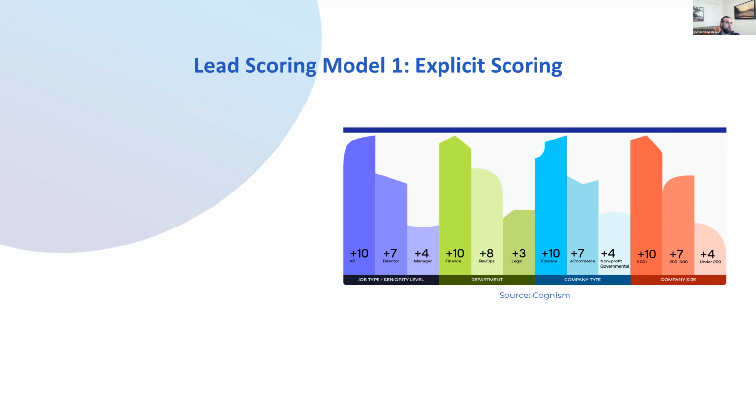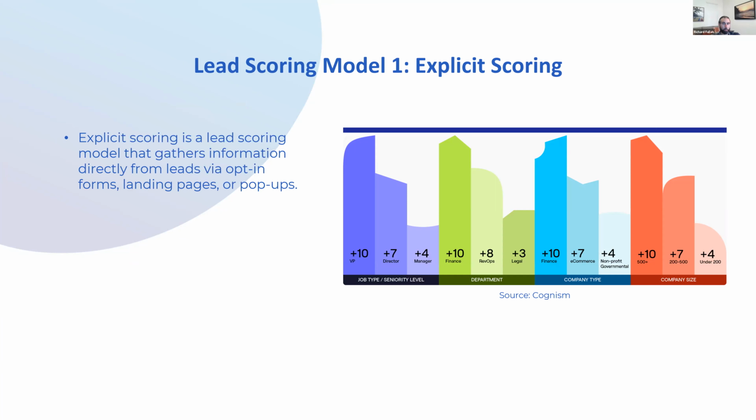The first model, I also call it dimension, is the explicit scoring. So what that means, I'm scoring leads, I'm scoring contacts around their data from opt-ins, right? Or if I imported them into the system from the import process.